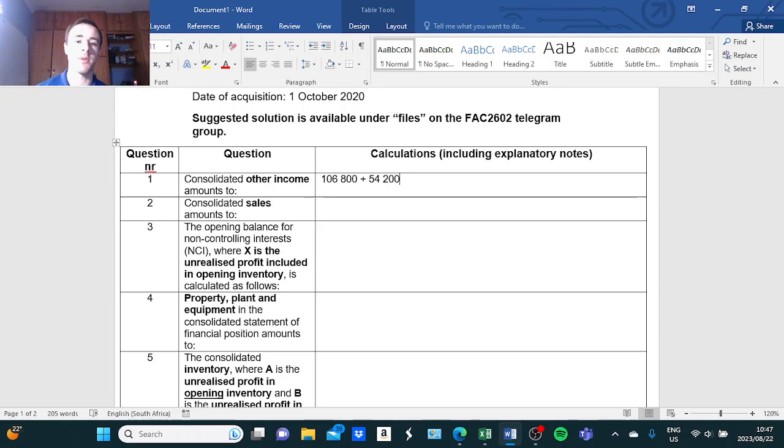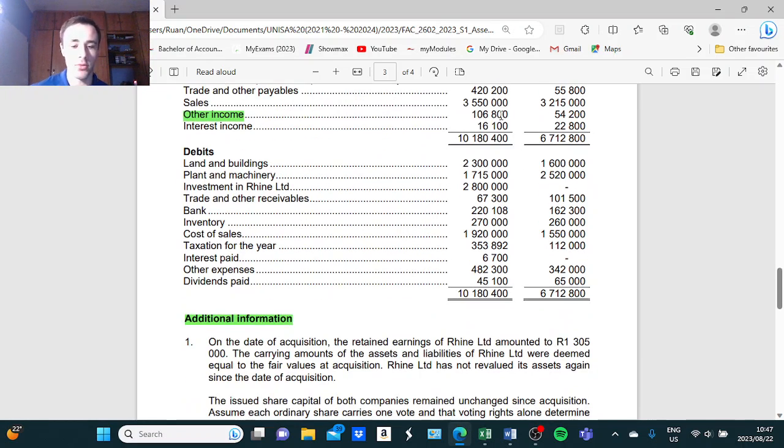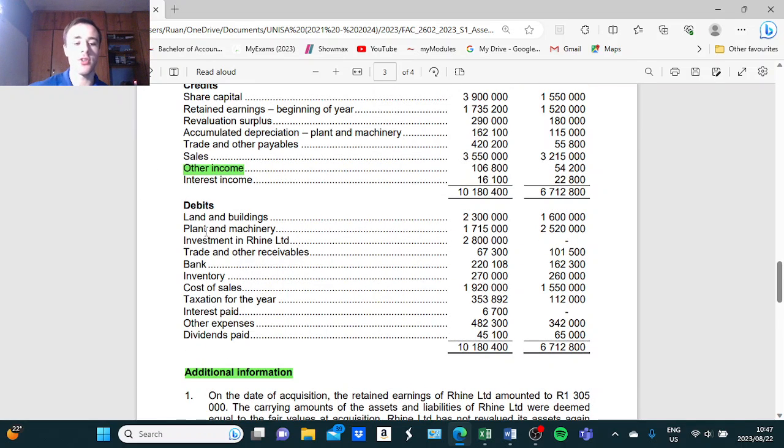But before concluding on this calculation, we need to take into account the additional information that has been provided in the case study. We need to look for any intergroup dividend, as well as other intergroup income items that might have been earned within the group. If you go to your debit section, you should notice that dividends were paid by both companies.